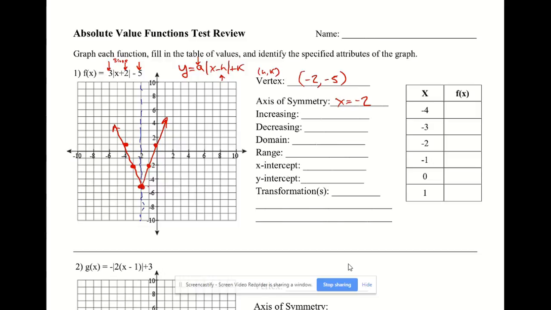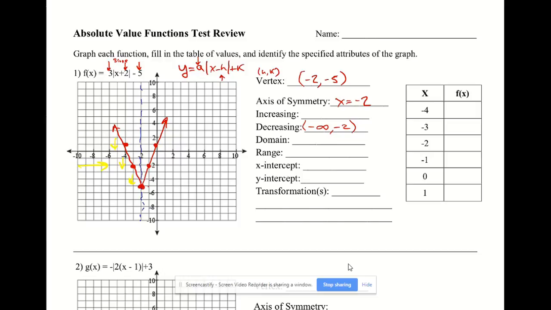So now looking at our next piece, increasing, decreasing. As we go from left to right, our y values are initially going down until they reach the vertex. Remember, the definition of the vertex is where the graph changes direction. So our decreasing interval is going to be from negative infinity to negative 2. Remember, increasing and decreasing intervals are in terms of x values because we're going from left to right, and that's the x-axis.